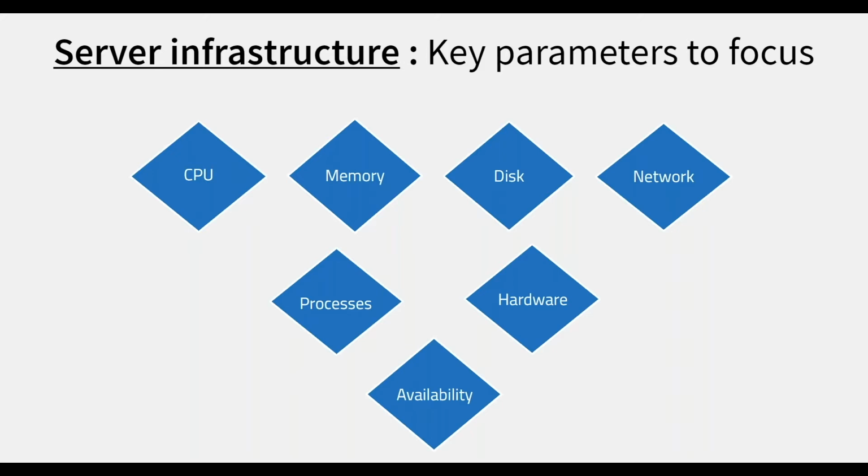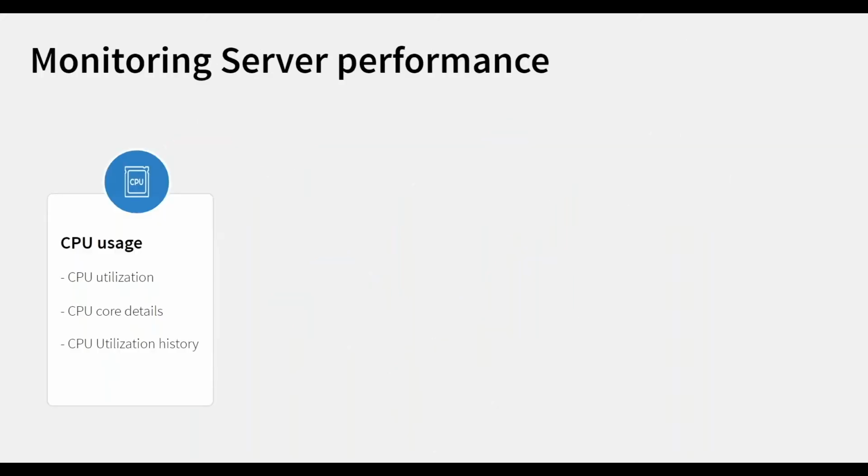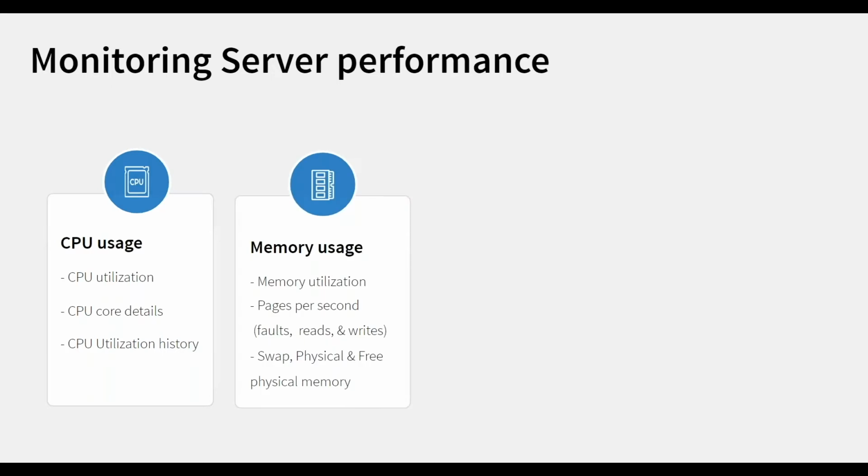So let us look at the parameters that I was just referring to. When we're talking about servers within CPU, we have details such as the utilization of the individual CPU cores, which is important, the memory usage of your server, and this includes not just the memory utilization segregated based upon the free memory, the swap memory, and the physical memory as well.